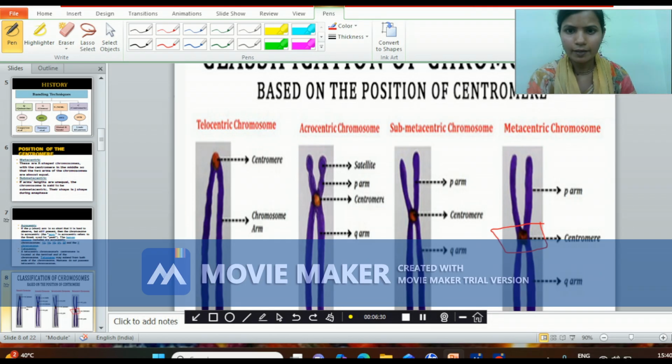In the submetacentric, the centromere is a little bit away from the middle, and in acrocentric it is far away from the center. And in the telocentric it is on the end side.